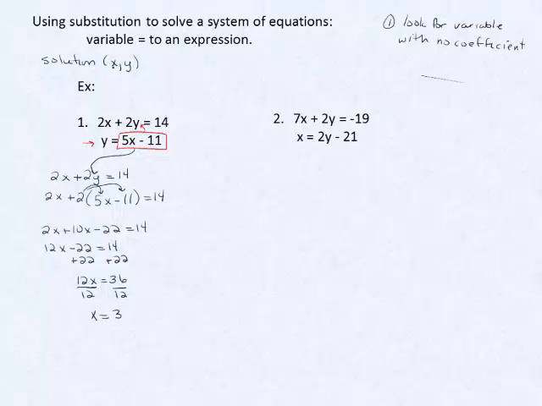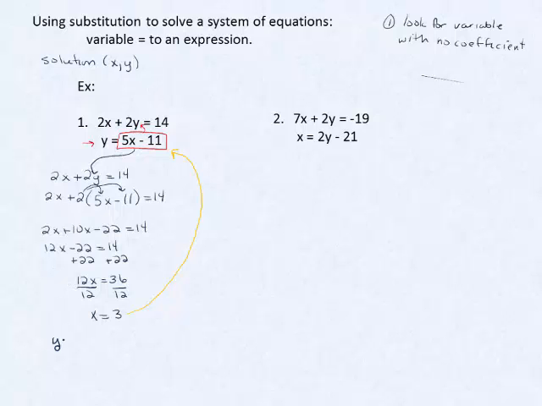I know x now, I need to find y. Knowing what x is allows me to bring that back up here and plug it in, and that will tell me y is equal to 5x minus 11.